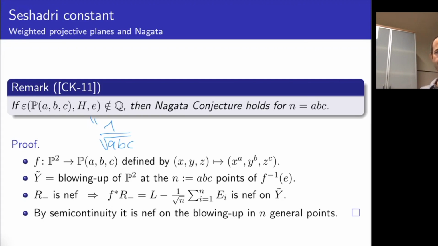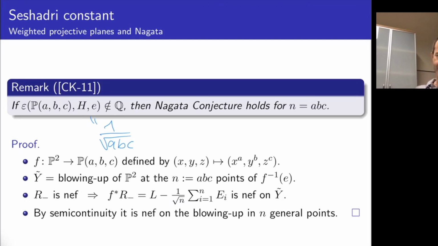So this would give the first example of the Nagata conjecture for a number of points which is not a perfect square. Of course, I am supposing that A, B, C are not all perfect squares, so this is not a rational number.